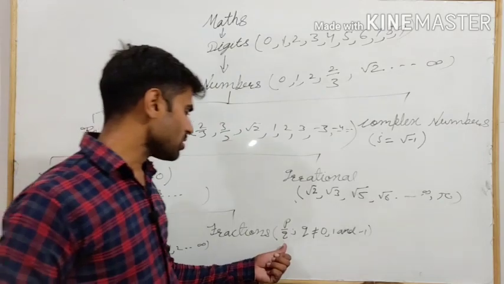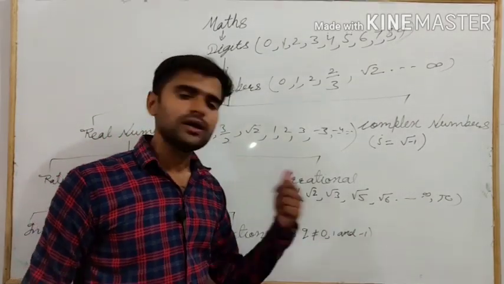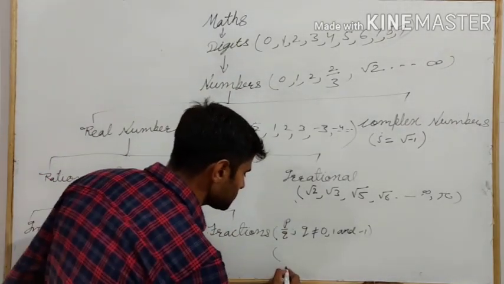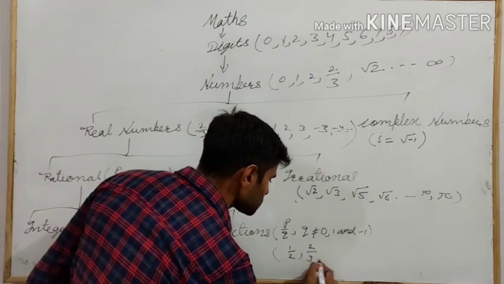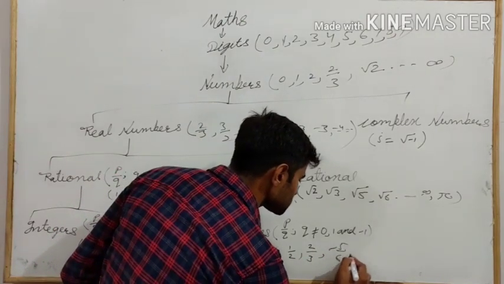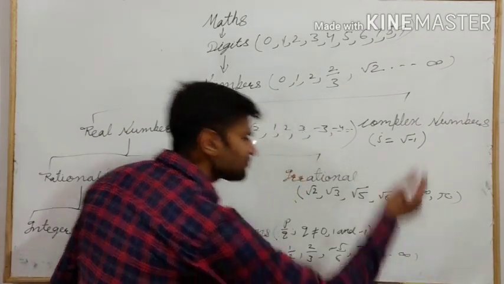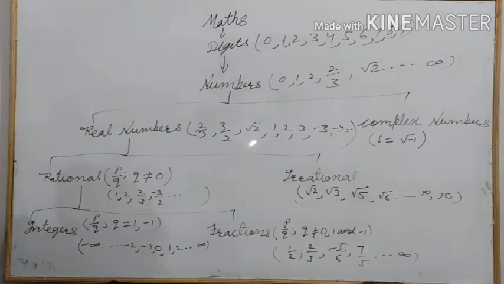It means denominator is never 0, 1 or minus 1. These are in fraction form. For example, 1 upon 2, 2 upon 3, minus 5 upon 6, 7 upon 5, and up to infinity, and many more examples of fractions.